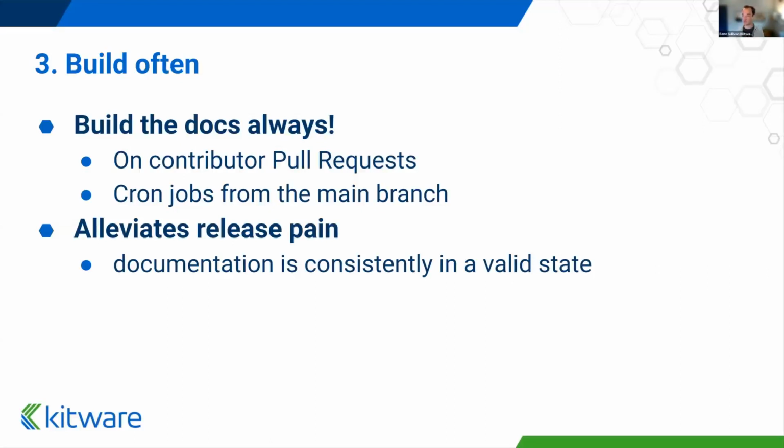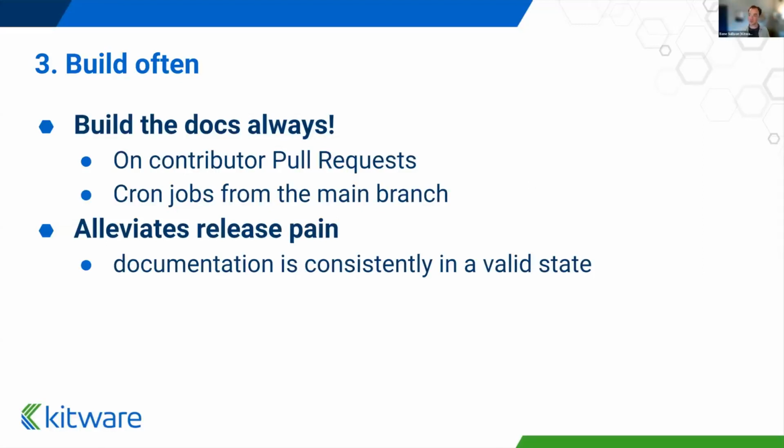And so that means whenever a contributor opens a pull request, that the documentation is built and validated, and it makes sure it actually completes successfully. Another really fantastic thing to do is to set up cron jobs from your main or master branch of the software that just continually rebuilds the documentation, make sure it's in a live working state.